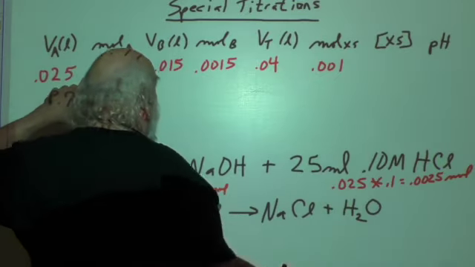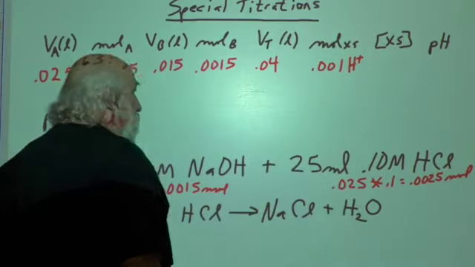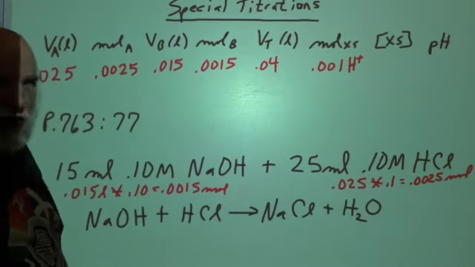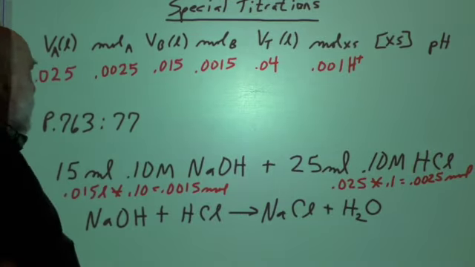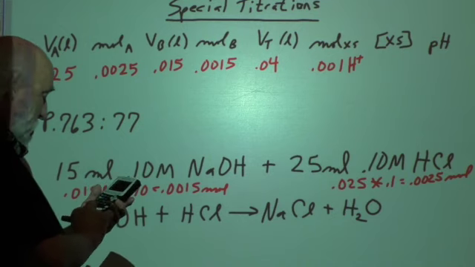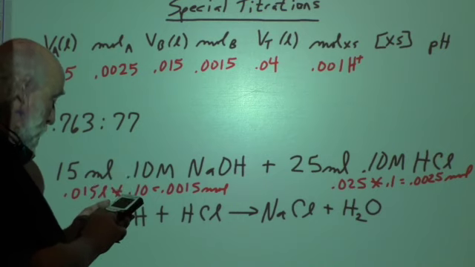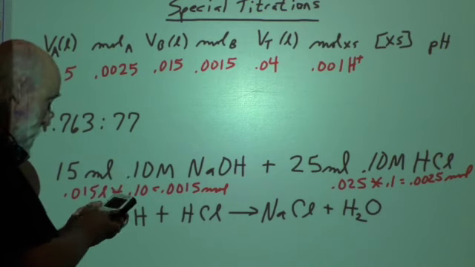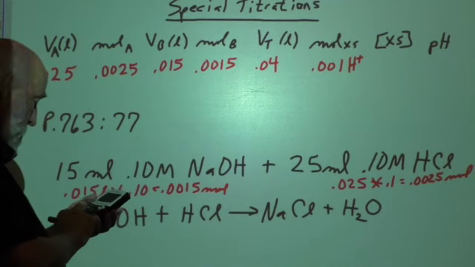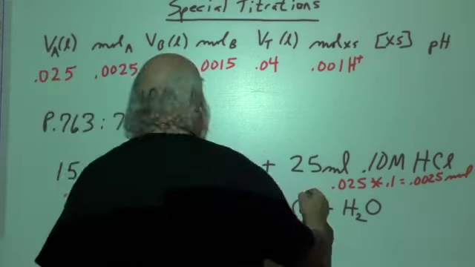And this is where it's important you put in the fact that you have more acid, and because of the strong acid, you're looking at the hydrogen ion concentration. The next thing you're going to do is take 0.001 divided by 0.04, and I get 0.025 moles per liter.